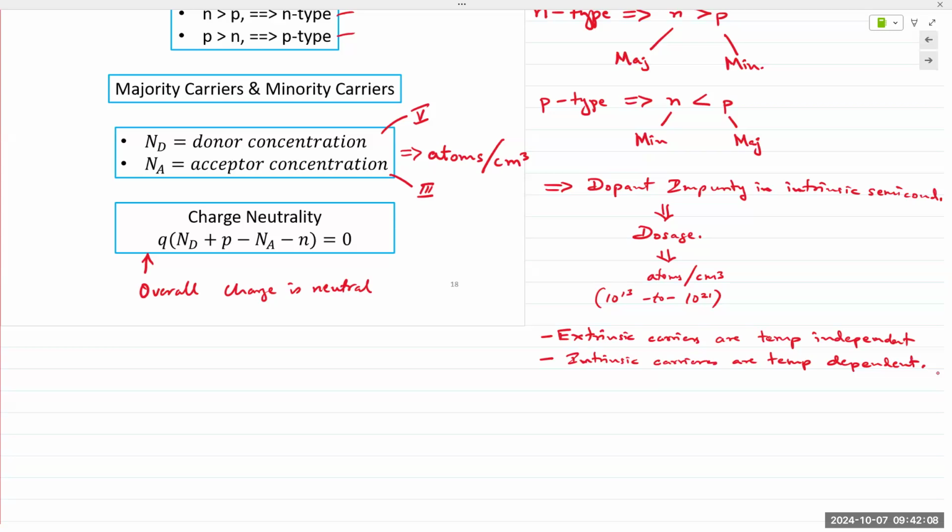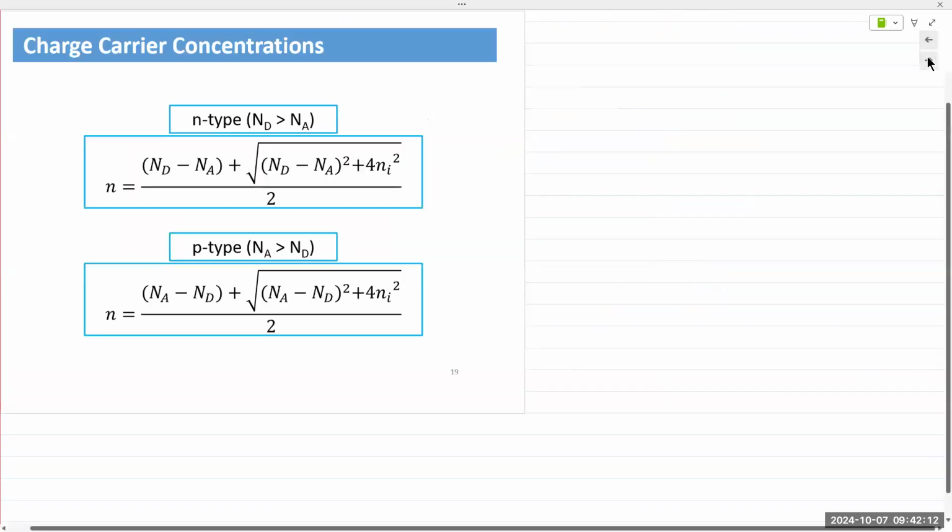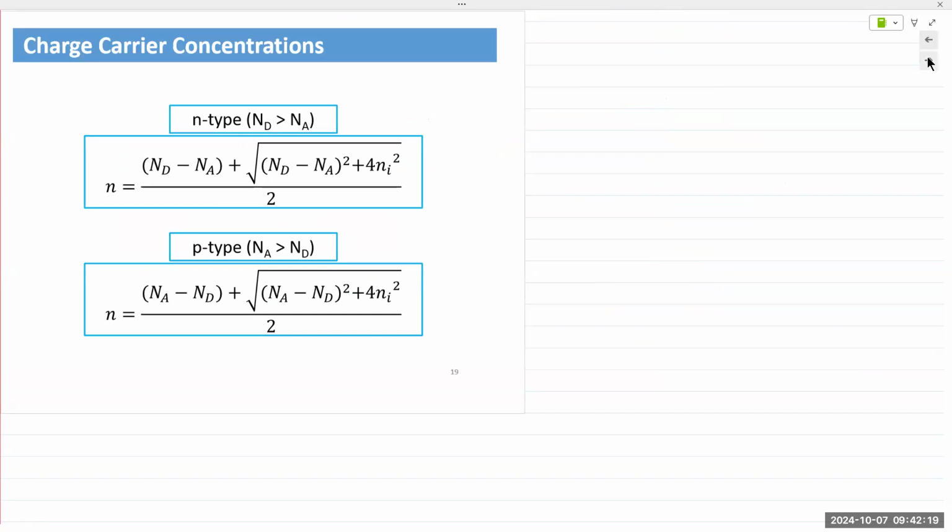Okay, so from here, let's look at equations for ND and NA. In an N-type material, ND will always be larger than NA. In a P-type, NA will always be larger than ND.